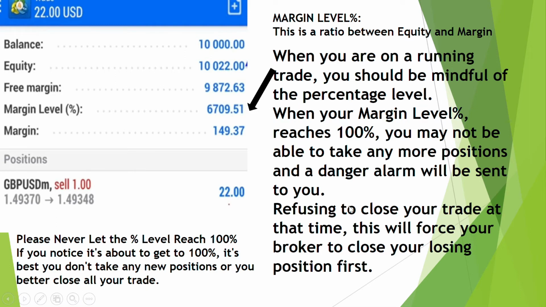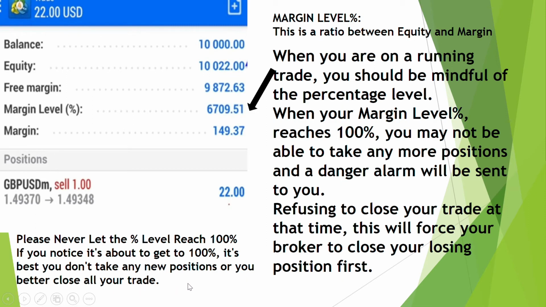So keep your eyes on your margin level and your equity. Please never let the level reach 100%. If you notice it is about to get to 100%, it is better you don't take any new position, or you close all your trades.